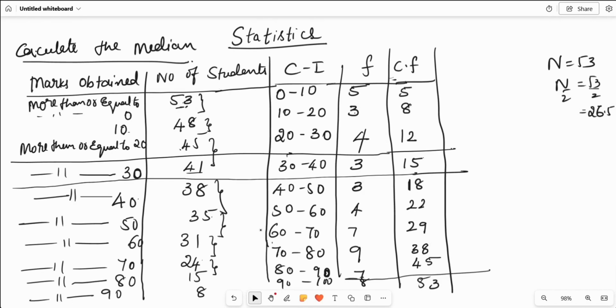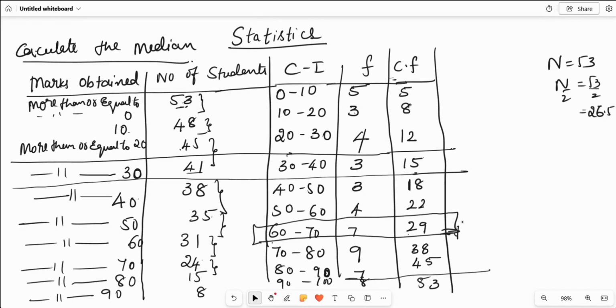In the CF column, more than n by 2, what is more than n by 2? 29. So that column is the median class. And if you make a mistake in the first step, the median class, for 5 marks, he will give 1 mark for the formula. That's it. Not more than that.